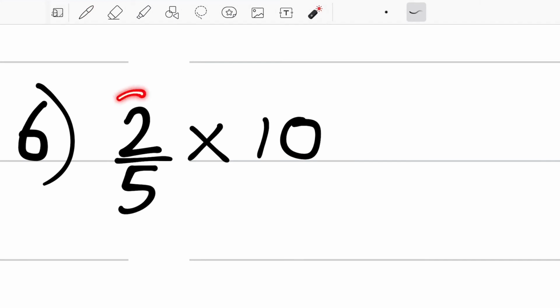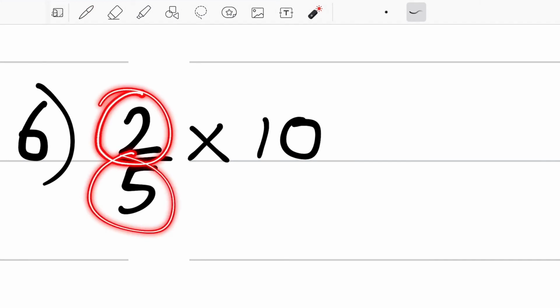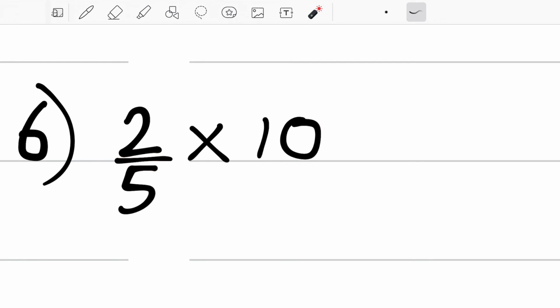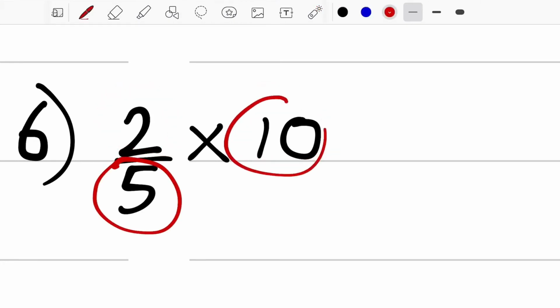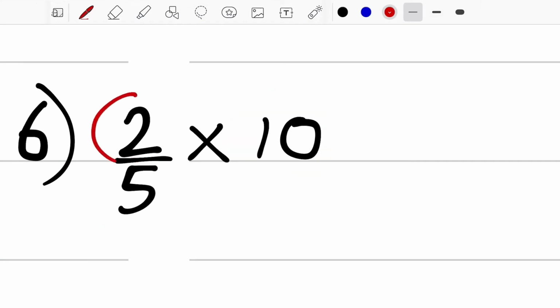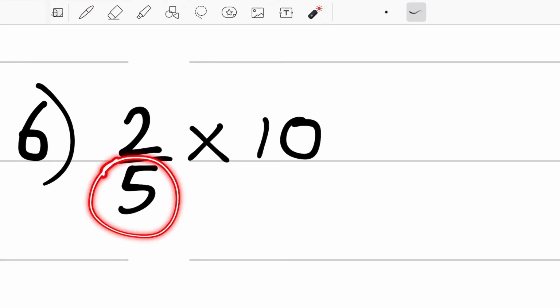So we have 2 here and we have 5 and 10. So we can only divide a number on top with a number below. We can't do two numbers on top. So what can go into both 5 and 10? We know that there are no numbers that can go into both 2 and 5 without a remainder. So for 5 and 10, 5 can go into 5 and 5 can go into 10.